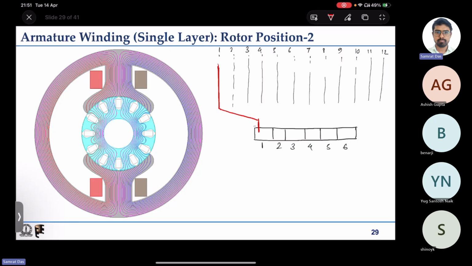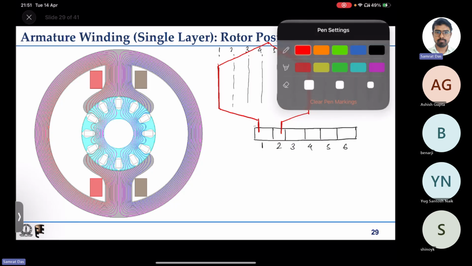Now, if one side of the coil is at 1, the other side has to be at the diametrically opposite side, so it has to be at 7, because we have 12 slots. It will complete its path and come to the 7th slot, and then come back and get shorted at the second commutator segment. So this is our first coil.